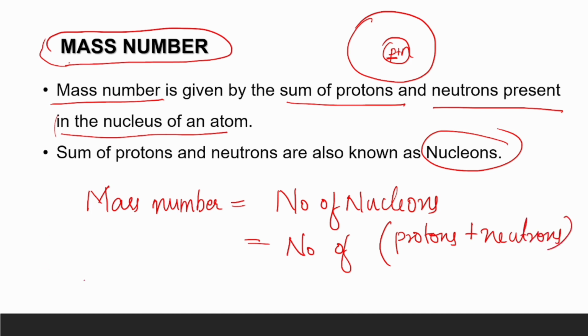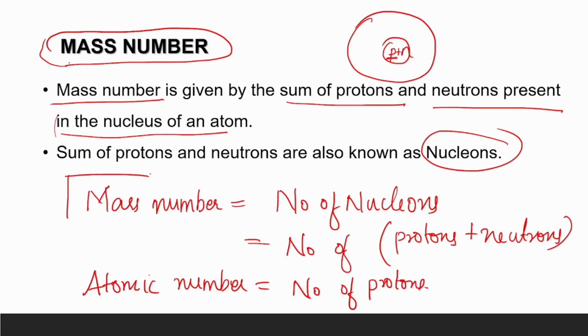We already studied that atomic number is the number of protons only. So, make this in a box and study: mass number is the number of protons plus neutrons, while atomic number is the number of protons. I think the concept of atomic number and mass number is clear for you.